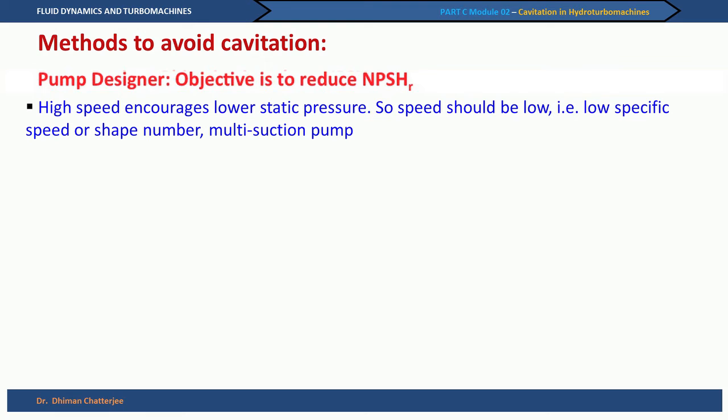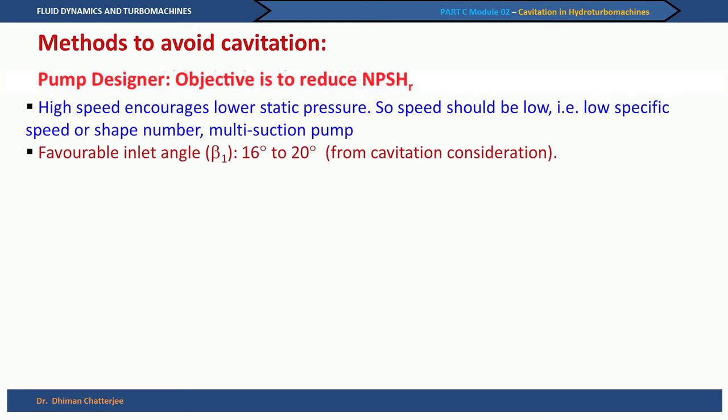So, speed should be low, that is, low specific speed or shape number, and a multi suction pump should be used, because in that way, if we use for example a multi suction pump, then the volume flow rate is less, and hence the volume flow rate in each of the impellers is less, and hence there is less chance of cavitation.